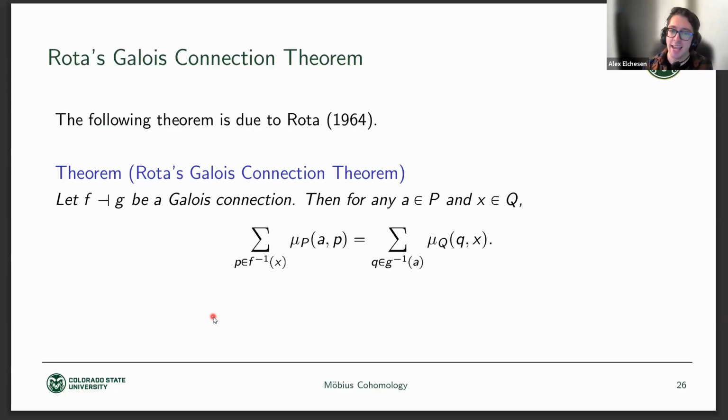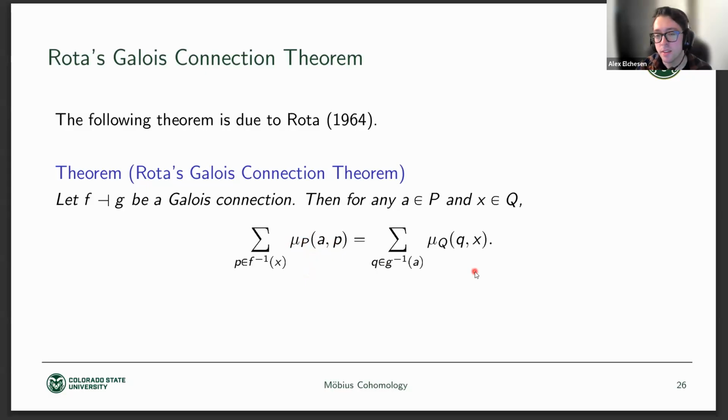If you have any A in P, X in Q, A is fixed, and I look at all of the points P in the poset P that map to X in Q under this map F, and I add up their Möbius functions from A to P. So for all those points P in the preimage of X, mu sub P here is the Möbius function associated to P.